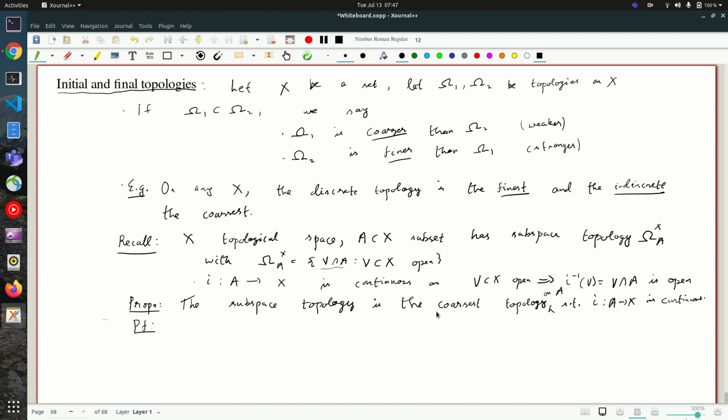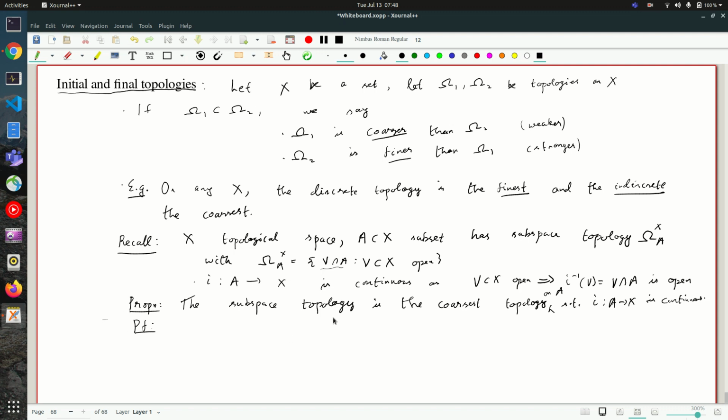We can't talk about the finest topology such that it's continuous, or rather, there's no logical problem talking about it, but it's highly uninteresting because the discrete topology makes everything continuous. So the finest topology so that some function is continuous is always the discrete topology. But coarsest is how few open sets you need, and that has some content, because for instance with the indiscrete topology hardly any function is continuous, as you see. So we can't just take something arbitrarily coarse and expect these functions to be continuous.